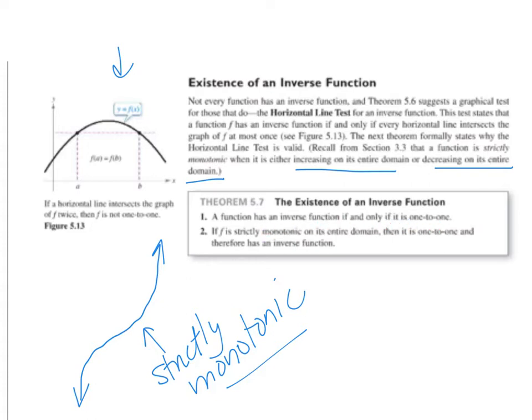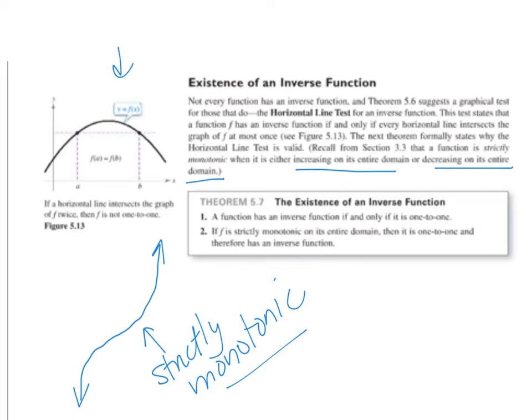And one-to-one means that for every x there's a unique y. You can see here that for a and for b, they have the same y. It's not unique. But for this function right here, every x has a different y. That's one-to-one. And then here it says if f is strictly monotonic on its entire domain, then it is one-to-one and therefore has an inverse function.